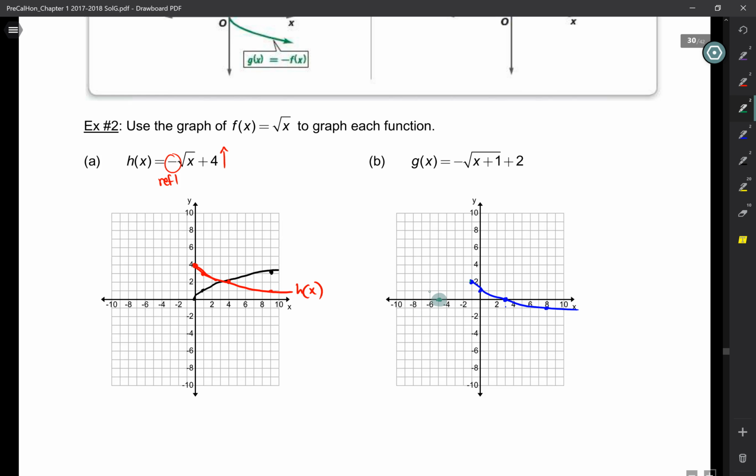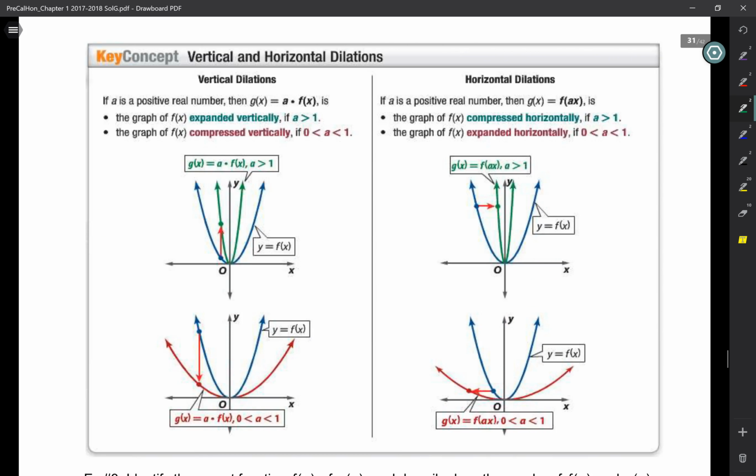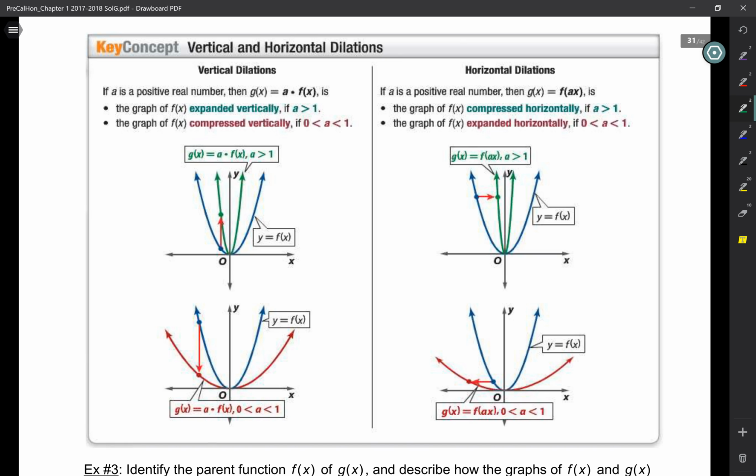All right, so vertical and horizontal dilations. A vertical dilation is when you stretch it vertically. So you have a factor in front. For example, if y is equal to x squared, then the new function would be g of x equals 2x squared.